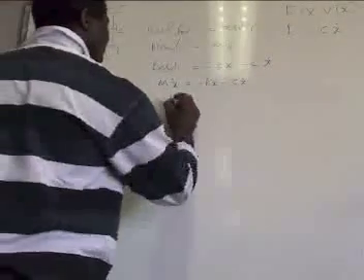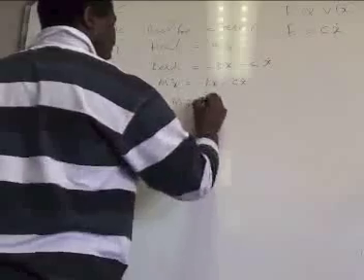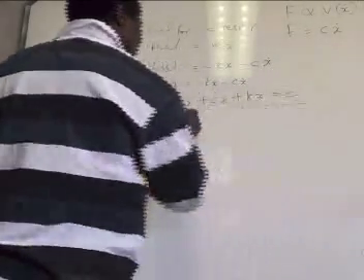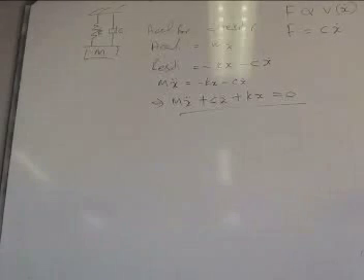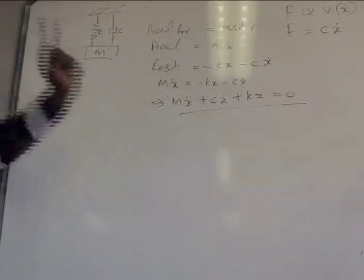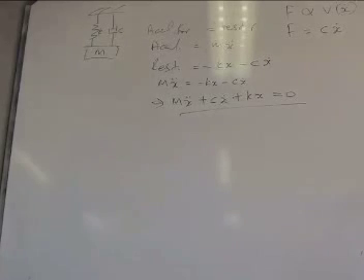And we can then say M x double dot plus C x dot plus Kx is equal to 0. That's our new equation of motion. Remember, you start there. You start at the equation of motion. That's our new equation of motion.